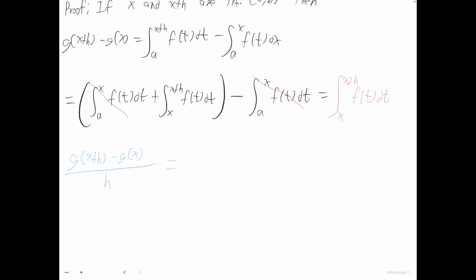We just found that as long as h is not 0, which in the limit we assume it's not, this equals 1 over h times the integral from x to x plus h of f of t dt. And so if we want to compute the derivative of g, it suffices to take the limit as h goes to 0 of this 1 over h times the integral from x to x plus h of f of t. So that's what we're going to do next, we want to compute that limit.